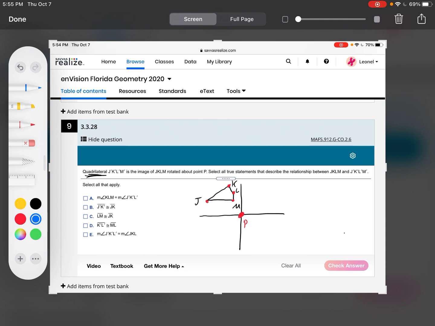I know this question is not asking about a specific rotation like 90 or 180 or anything. But if we can just get a little picture, that'll give you guys a little bit of instinct on which of these might be correct for any rotation. So let's pretend we're going to rotate 90 degrees clockwise.